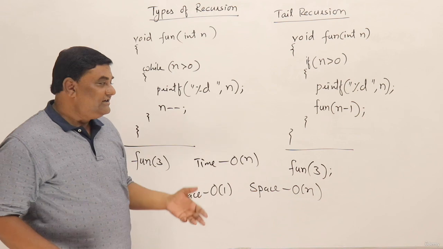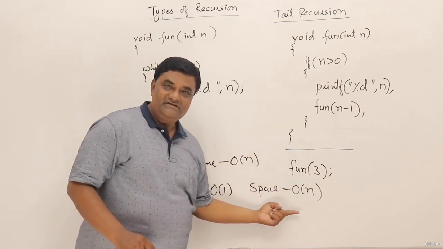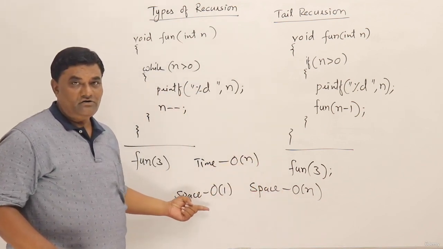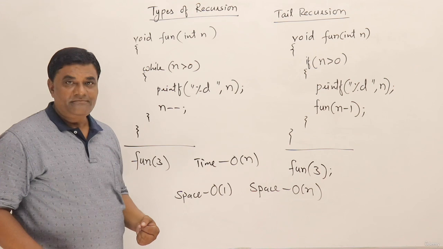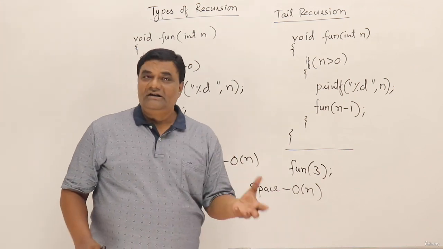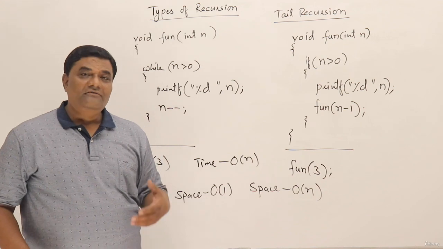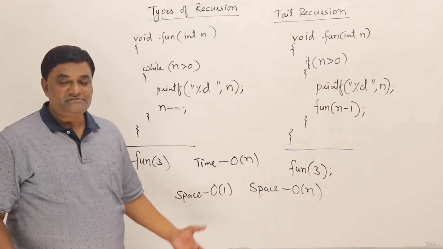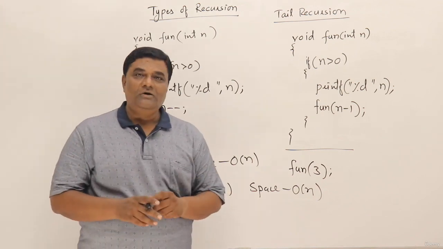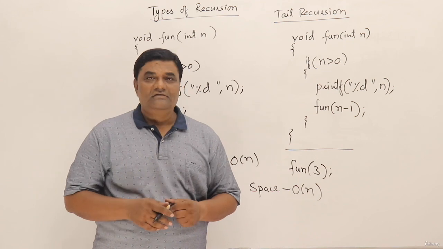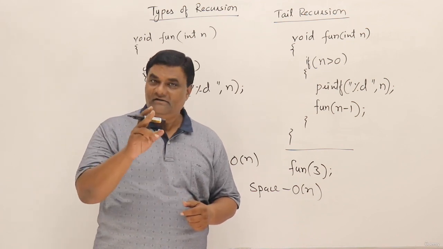It means they will try to reduce the space consumption and utilize only order of 1 space. So your function will be converted into object code just like a loop where the space is reduced. So that's all about tail recursion. Now next we will see head recursion.